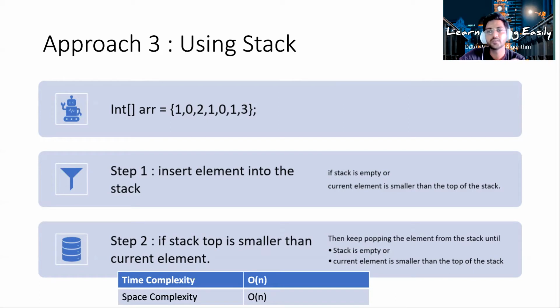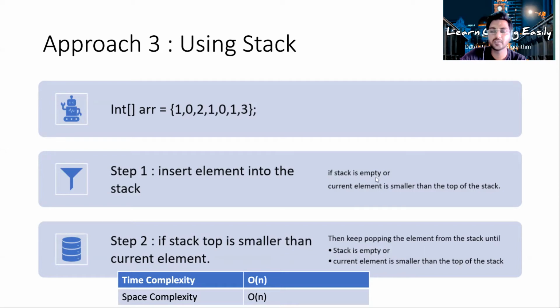If yes, then we will insert. So that means we will insert the elements in decreasing order in the stack. Simple, all right? If that is not the case, if the current element is not smaller, then we need to keep popping elements from the stack until we meet any of these conditions, right?